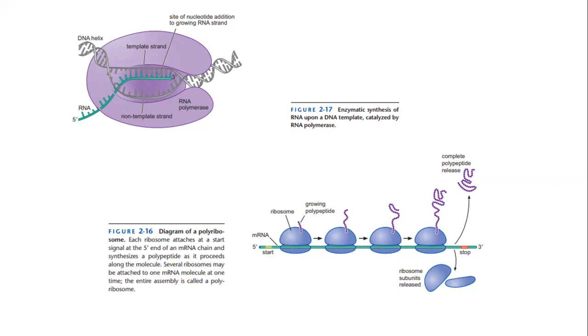So in studies on E. coli cells infected with T4, it was seen that the T4 DNA was first transcribed into T4 RNA, which gets attached to the existing ribosome.